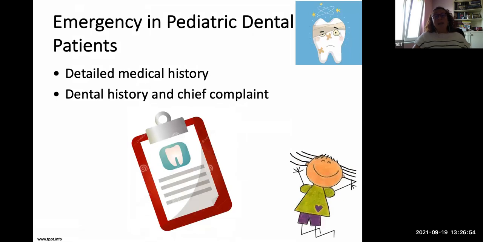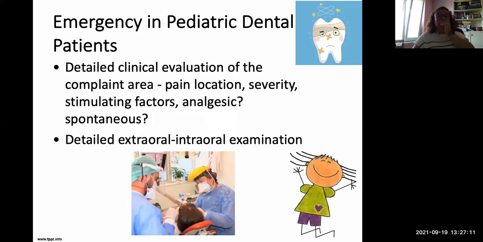So what should be done with a patient after his or her admission to our emergency clinic? First, we have to take a detailed medical history, followed by a dental history and the chief complaint, of course, and a detailed clinical evaluation of the complaint area, such as pain location, severity, stimulating factors, analgesic usage, or the characteristics of pain, such as whether it is spontaneous or provoked pain.